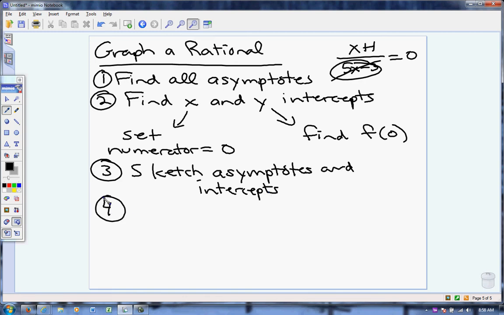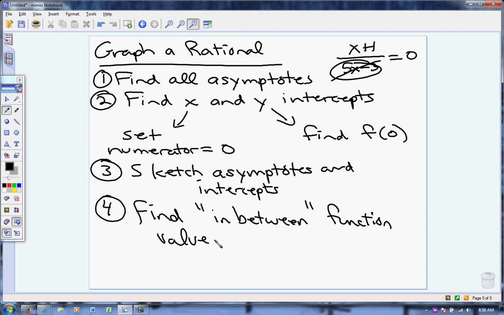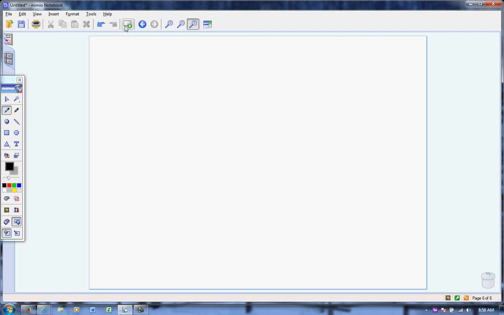The asymptotes and intercepts will help us a lot, but we might need to find a couple of in-between function values, as I like to call them, just to kind of confirm what we think is true. So we're going to walk through the whole process of doing this on a rational function, and this one will have a slant asymptote, so let's go ahead and get going here.